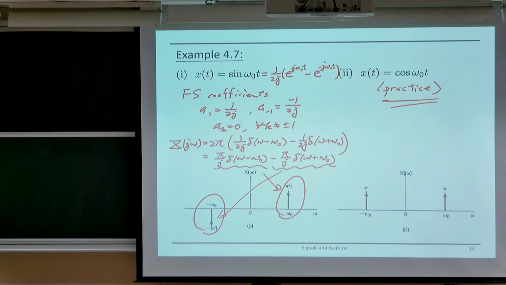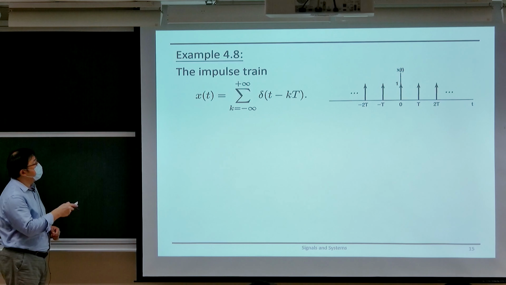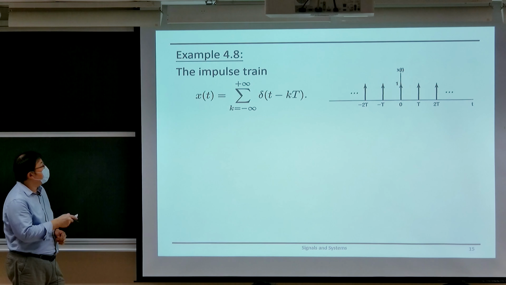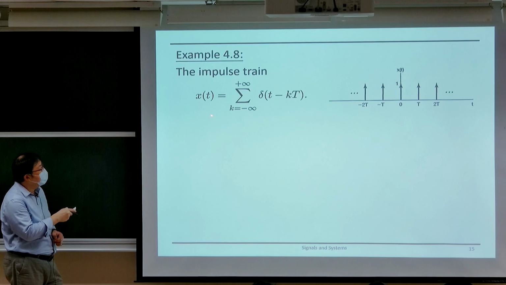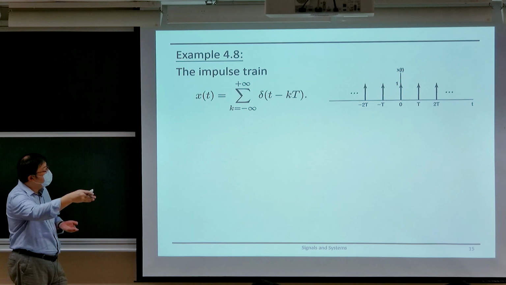So one more example. This last example is the impulse train. Here the time domain signal is a periodic impulse train.